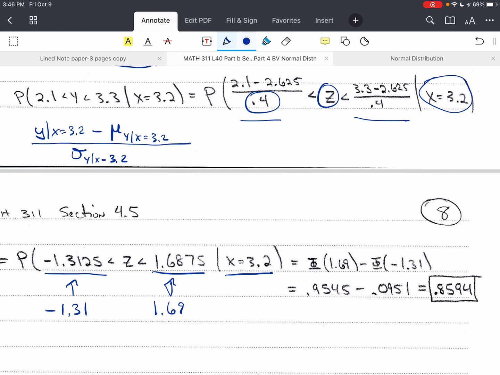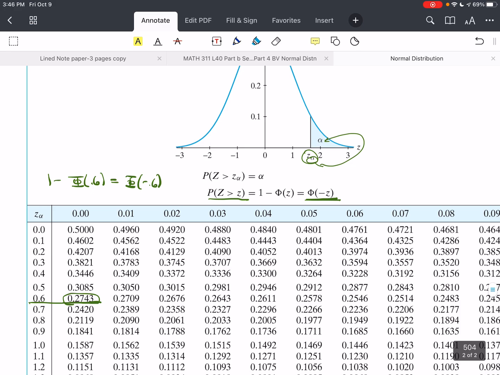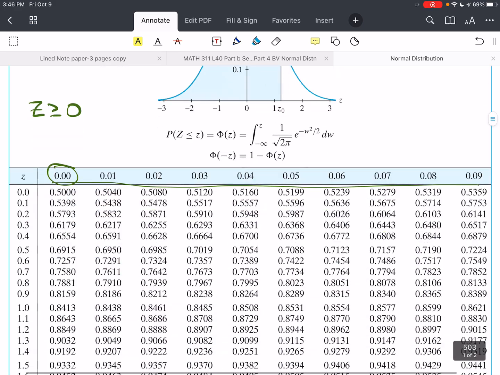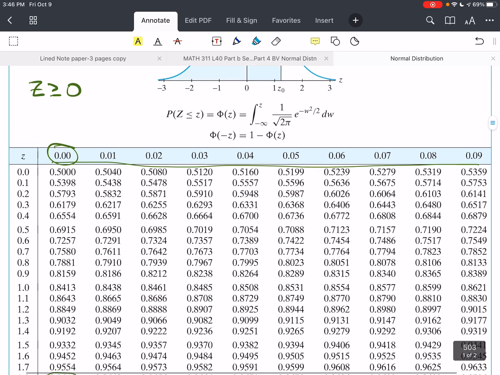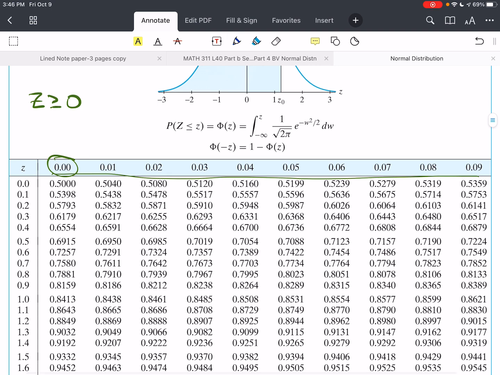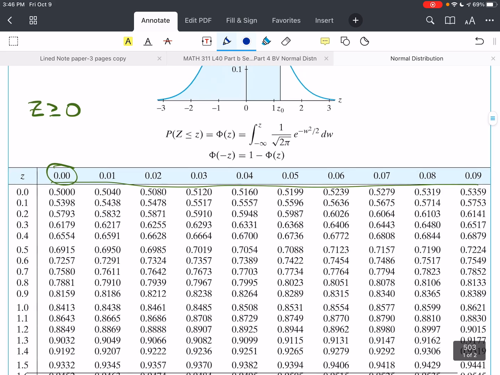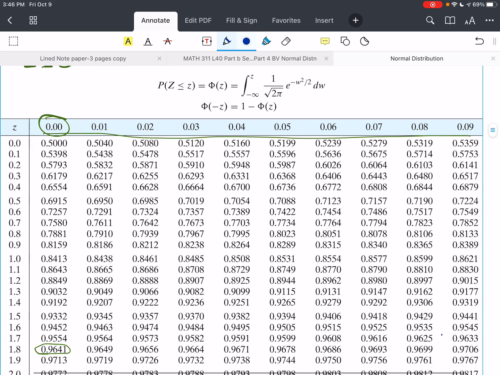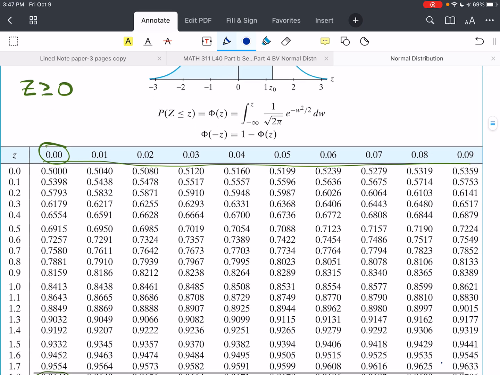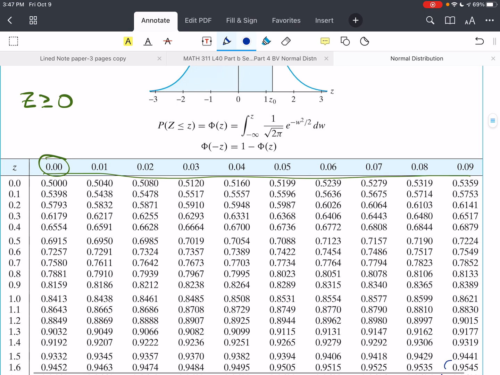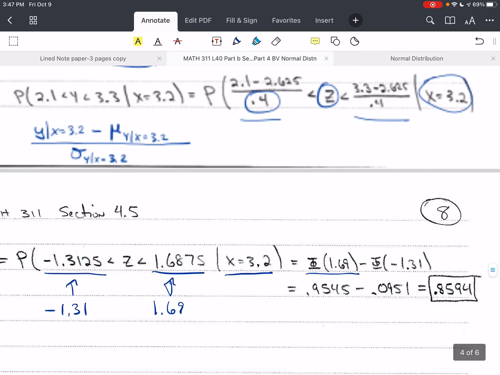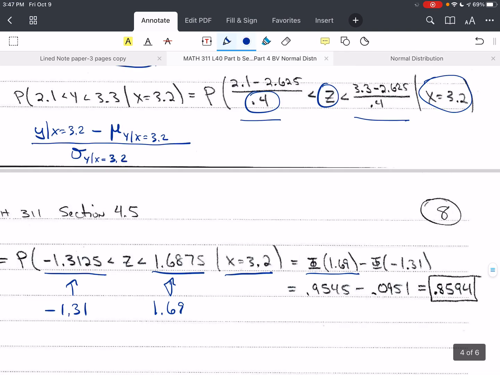And so I can look up 1.69 in the table, the first part. So 1.69, that's going to be 0.9545. And that's what we've written here.